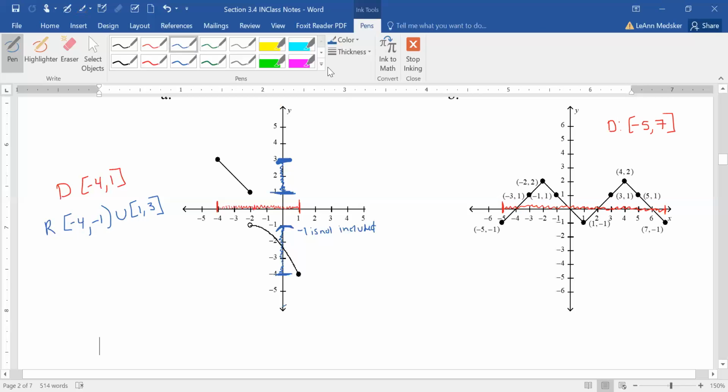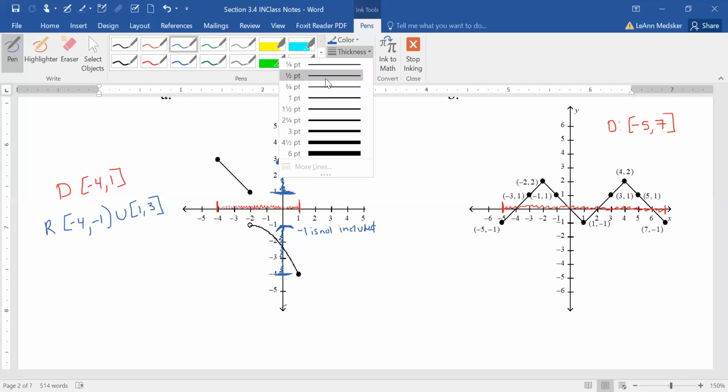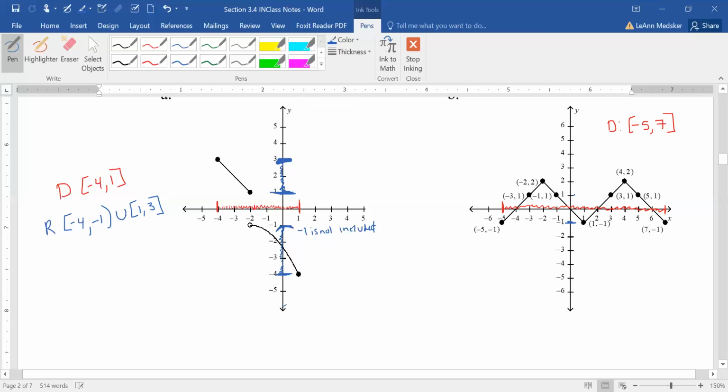And the range here, the lowest my y value gets is at -1, and the highest it gets is +2. And again, I can find a point everywhere in between. If I go from left to right, there's always a point somewhere. So that would be from -1 to +2.